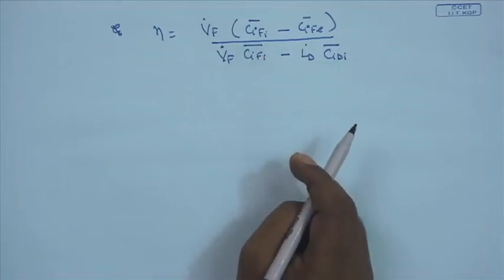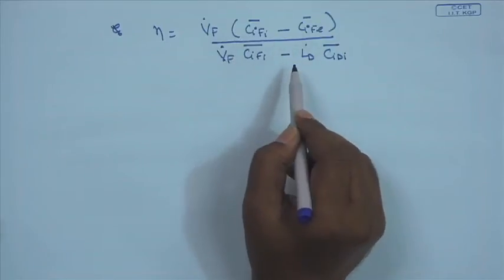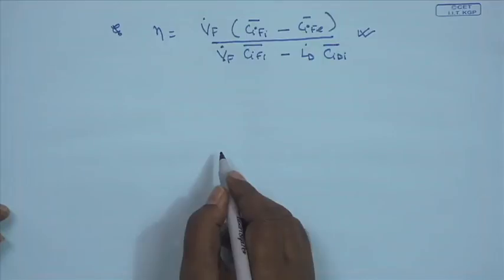And if there is some amount of solute going into the system, this is the maximum amount of solute that can be separated, and this is the actual separation that is occurring. So, that will be defining the efficiency of the dialyzer. So, using these equations one can design the dialyzer.